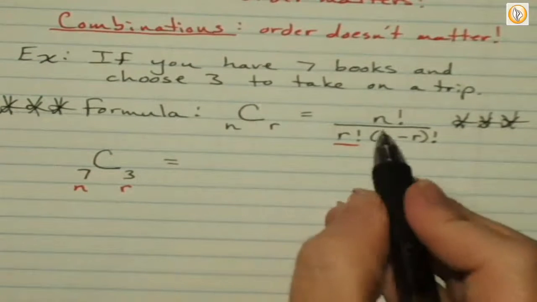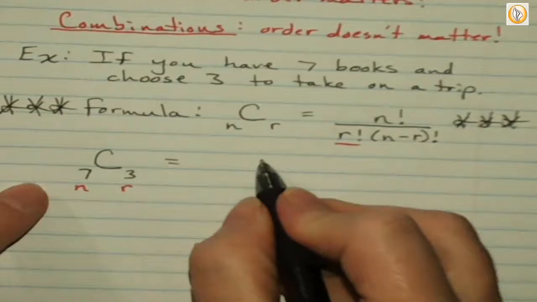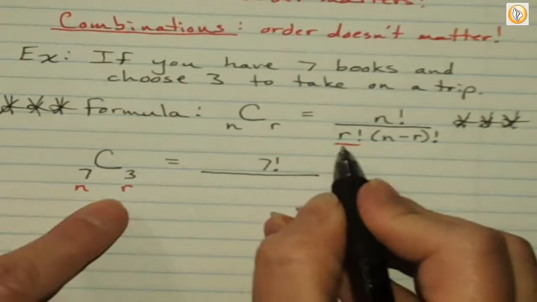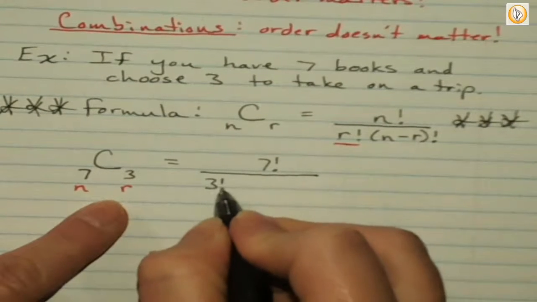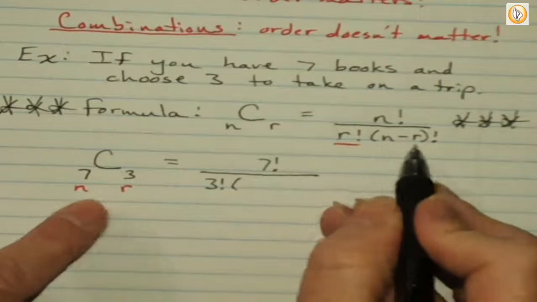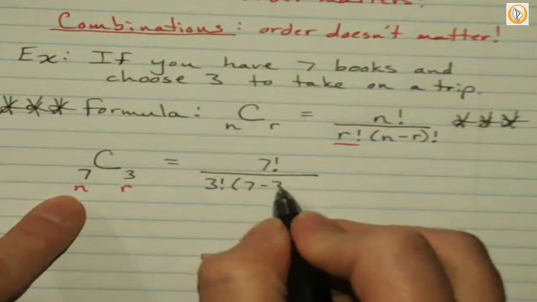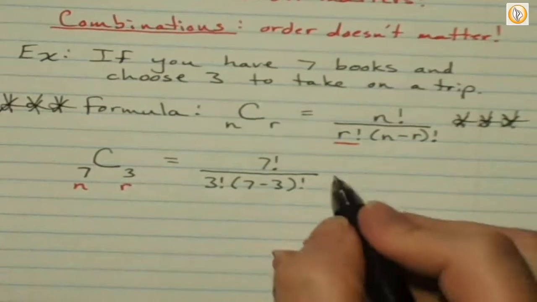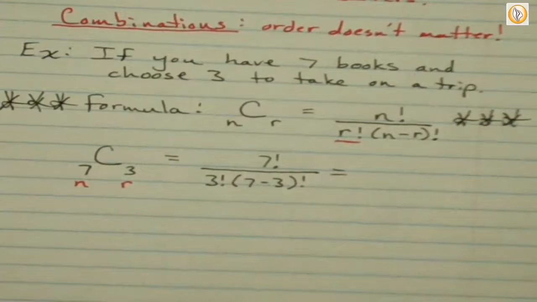So now we have N factorial, so 7 factorial over R factorial, so 3 factorial times N minus R, 7 minus 3 factorial. Let y'all write that down. Any questions so far? Just like the last thing, but you're just adding that in there.